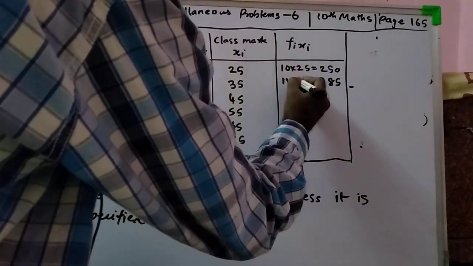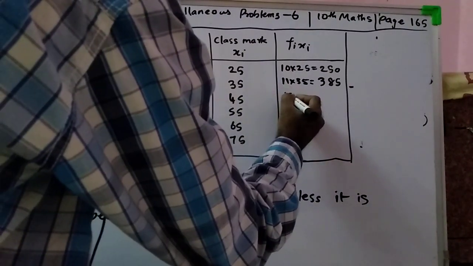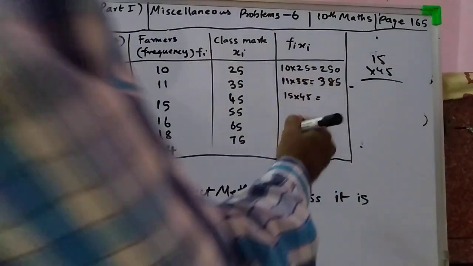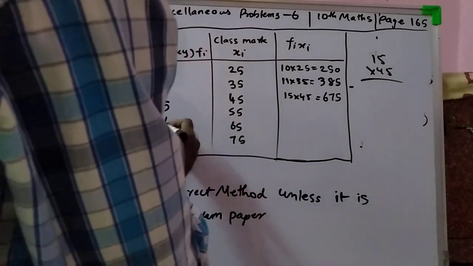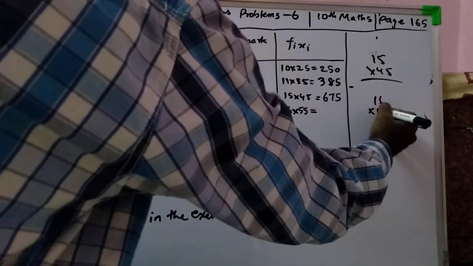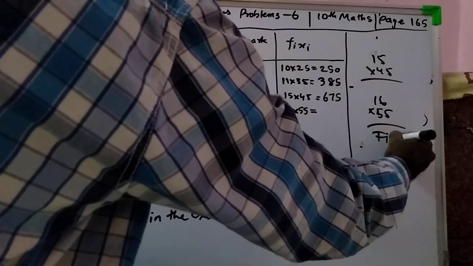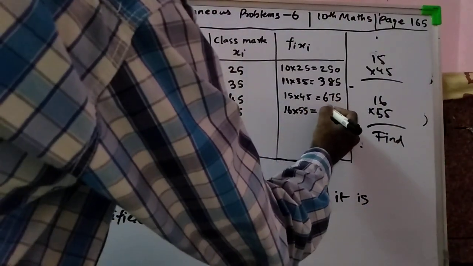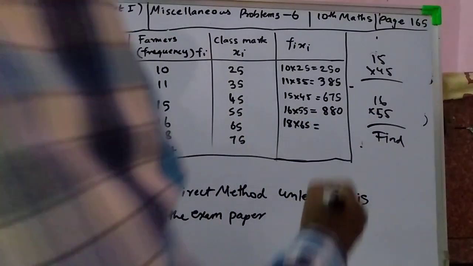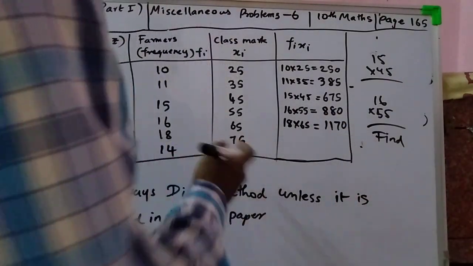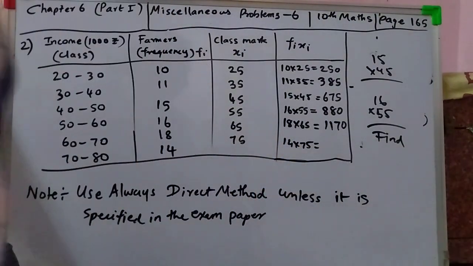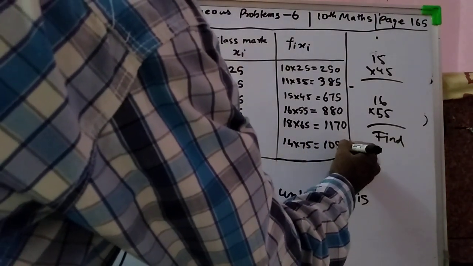Next one is 16 into 55, do that here and find it. 18 into 65 will be 1170. 14 into 75 is 1050.